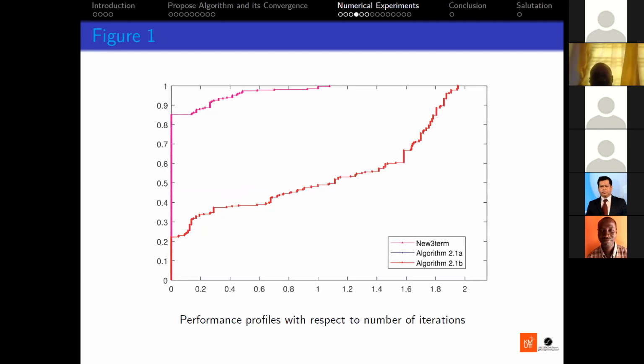Now, the Dolan-Moré performance score says that the solver that stays longer on the y-axis is the best solver. If you look at the y-axis, it is more like a percentage.